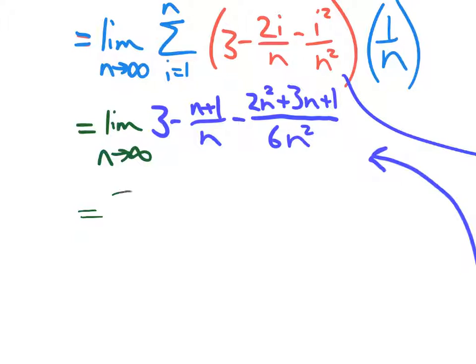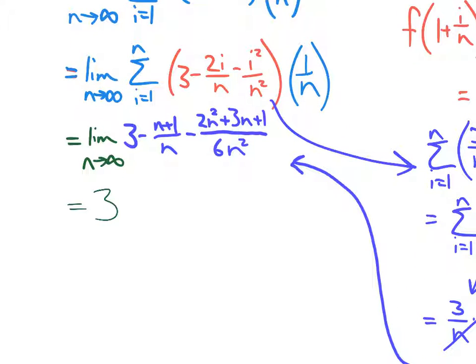The limit of 3 is 3 minus, what's the limit of n plus 1 over n? It's 1, because same degrees, I use the 1 over 1. Then minus 1/3. We've got 2 over 6, so it's 1/3. So this whole thing comes out to 2 minus 1/3, 1 2/3.